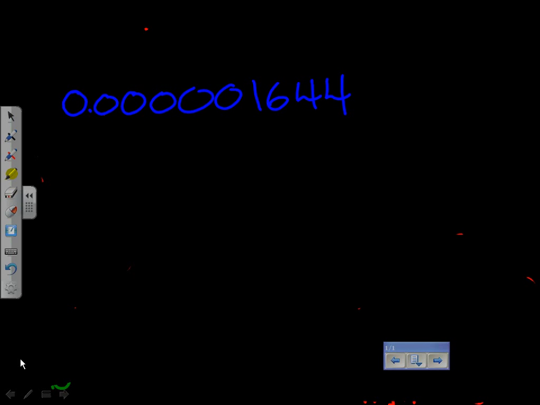Now, similar to what we did before, you take the first group of non-zero numbers, bring those down, and you put your decimal point in the middle of the first non-zero number to the right and the number that precedes it. So you put the decimal point, and now we're going to multiply that by 10 just like we did before.